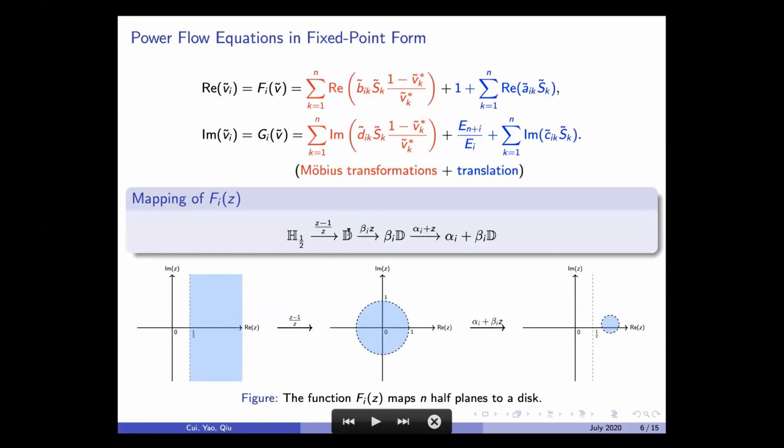So if we assume that our bus voltages all have real part greater than 1/2, which is very common in a power system, then what this mapping does is map this half plane to the unit disk. And then it scales the unit disk and then shifts it. So there's a scaling and translation given by these alpha and beta parameters. So this mapping maps this half plane to some disks.